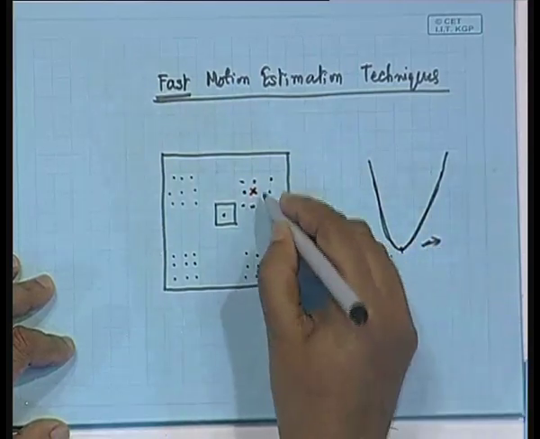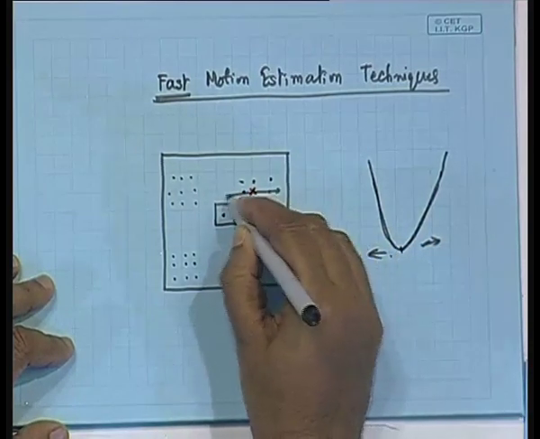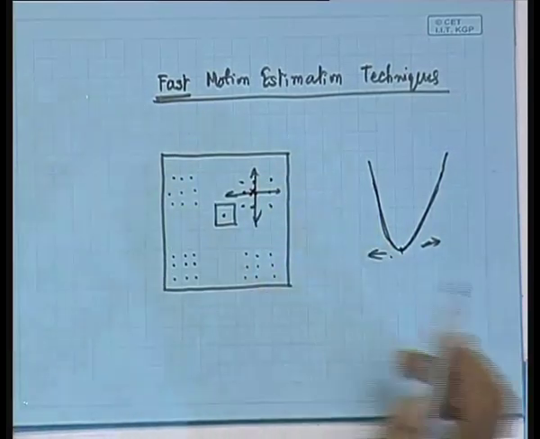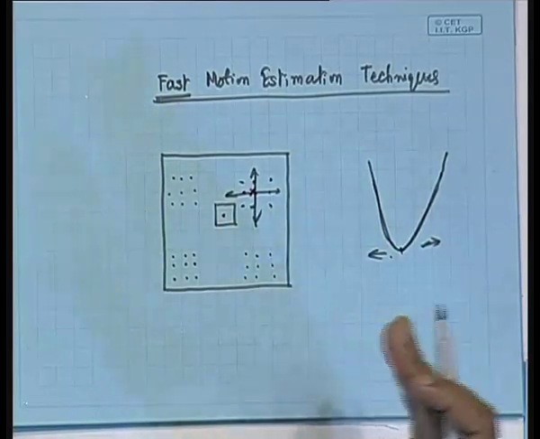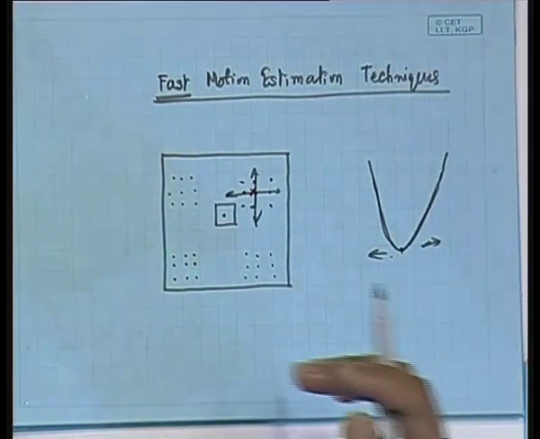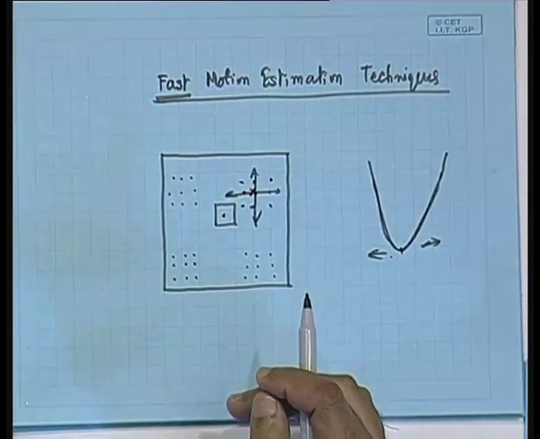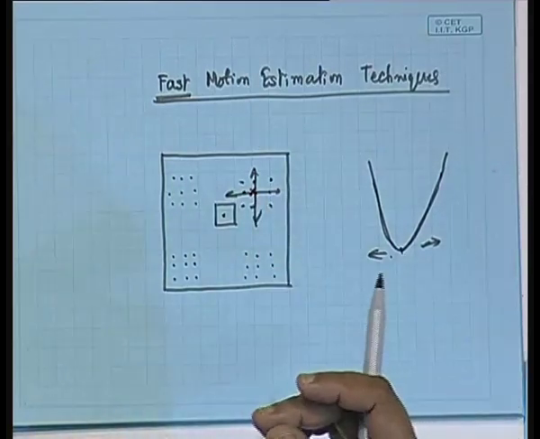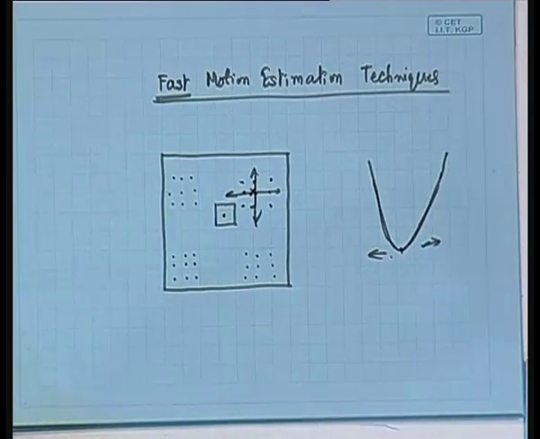That means whether you go left or right or up or down, everywhere you are going to find an increase in the value, and that is monotony. So once you are close to the point of minimum, you are going to find quite low values.